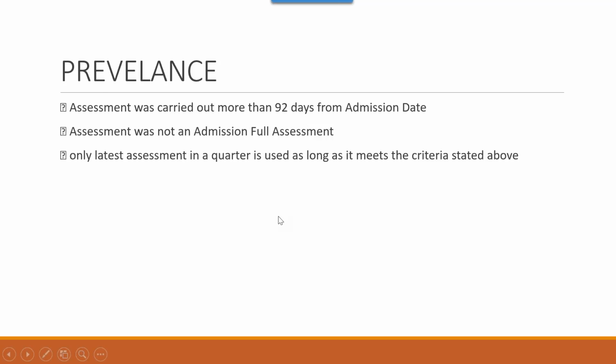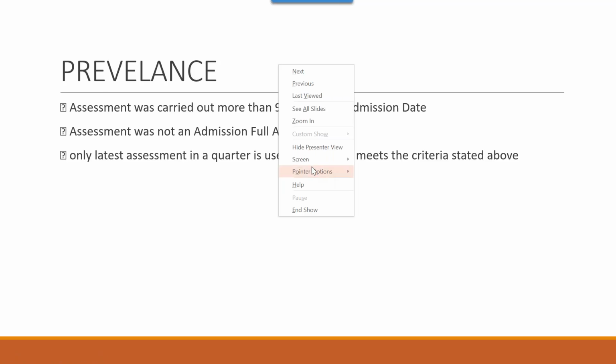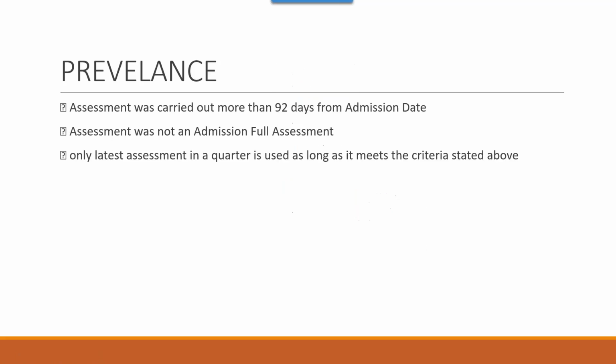If the assessment is a full assessment, it will be excluded. And only the last assessment in each quarter is used. So if you did a significant change in status in a quarter, then the prior assessments would not be used. Only that very last assessment in the quarter would be used for reporting purposes.